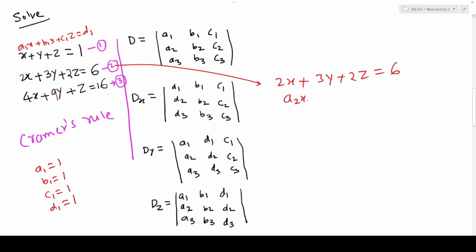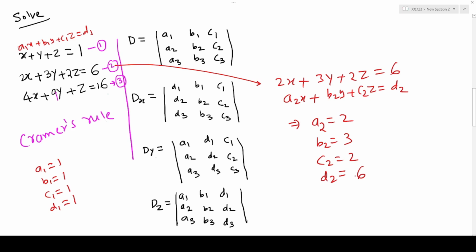Comparing this equation with a2x plus b2y plus c2z equals d2 implies a2 equals 2, b2 equals 3, c2 equals 2 and d2 equals 6.